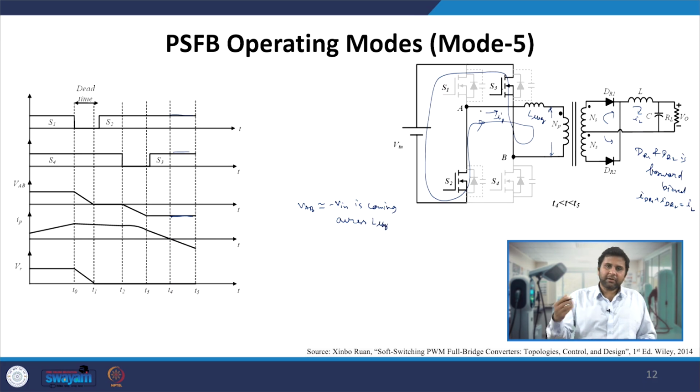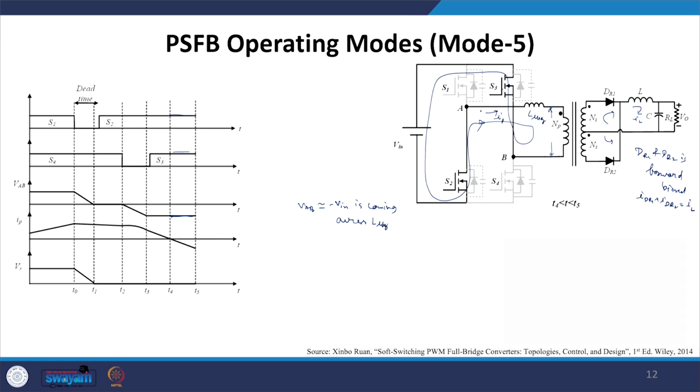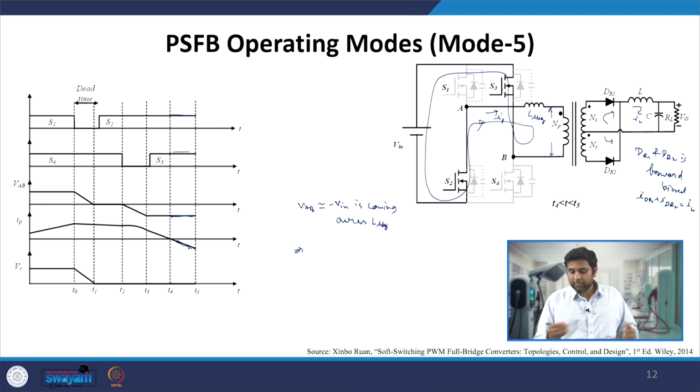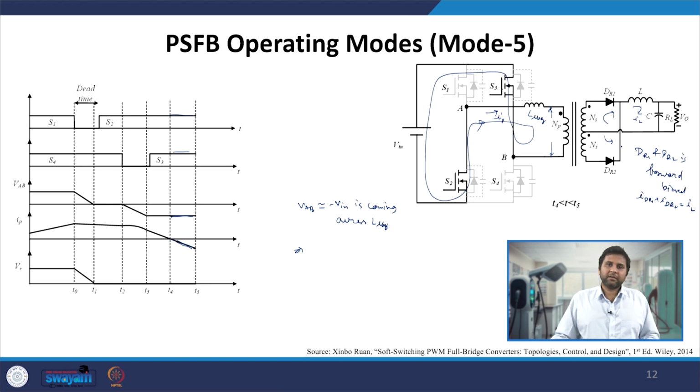Since my S3 is already on, I do not need to bother about the time during which this continues. During T4 to T5, my current keeps on going in the negative direction until it becomes equal to IL current, and that's when my DR1 ceases to conduct and DR2 will start conducting.